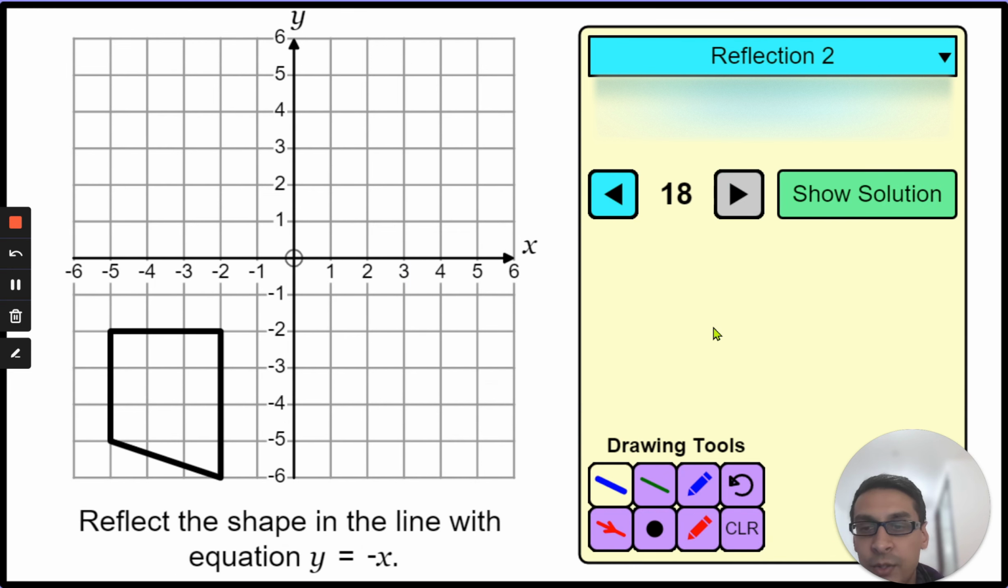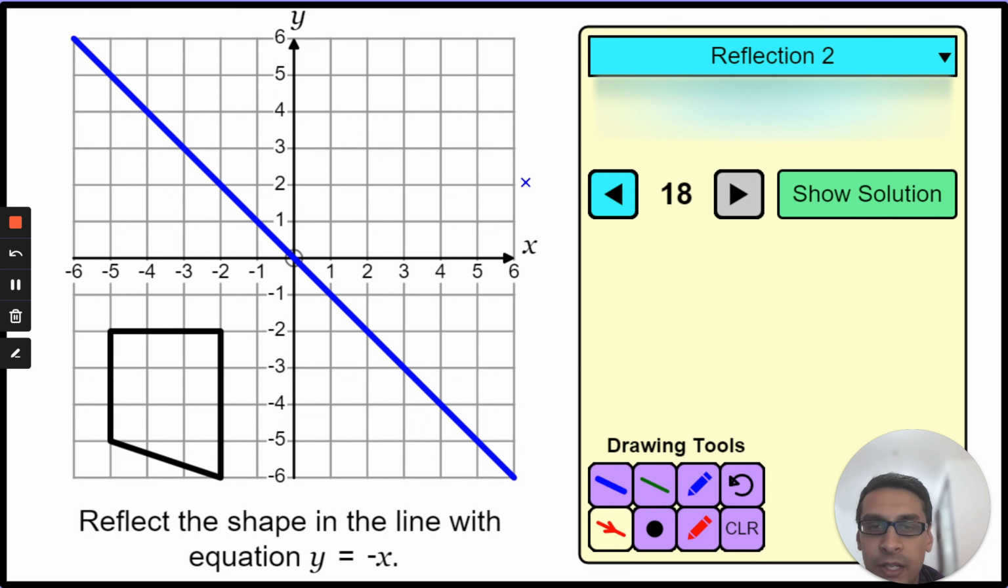And then the last practice question, y is equal to negative x. Now we know that this is what the line y equals negative x looks like. And we are now going to reflect this shape using diagonals. So we've got 1, 2, 3, 4, 1, 2, 3, 4. So we've got a point up here. We've got 1, 2, 1, 2.